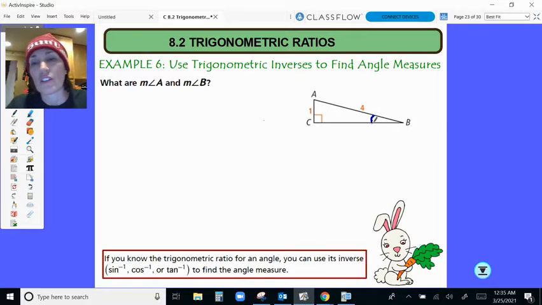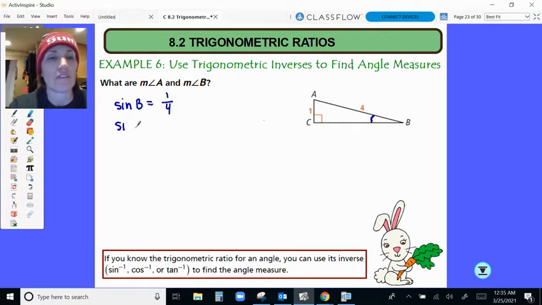So if I use angle B, then I'm going to use my opposite over my hypotenuse. So the sine of angle B is going to be equal to 1 over 4. So my sine of B is equal to 0.25. So now my angle B is going to be equal to my inverse sine of 0.25.